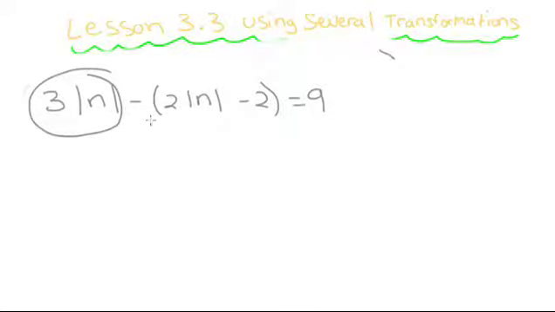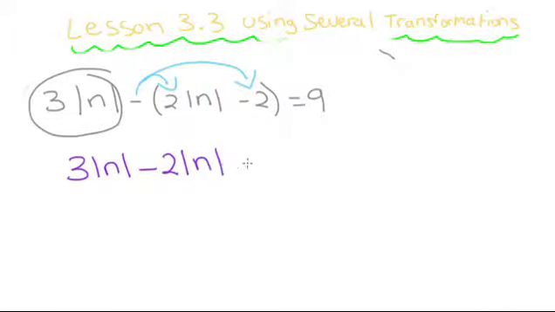So let's first distribute this negative sign. We'll distribute to the 2 times the absolute value of n and to the -2. And we will get 3 times the absolute value of n minus 2 times the absolute value of n plus 2, because negative times negative is positive, is equal to 9.